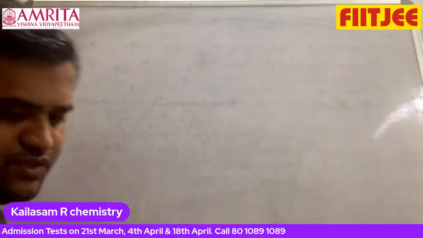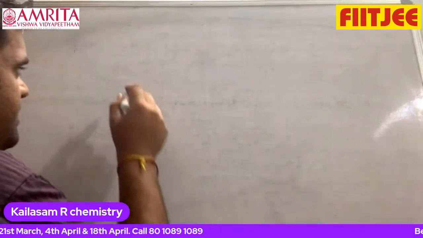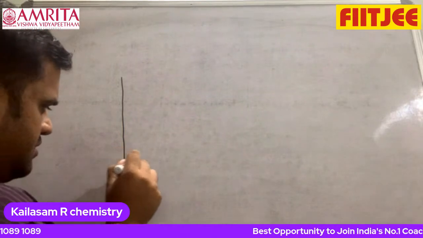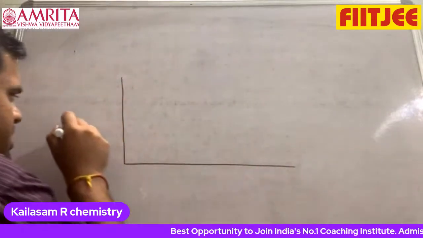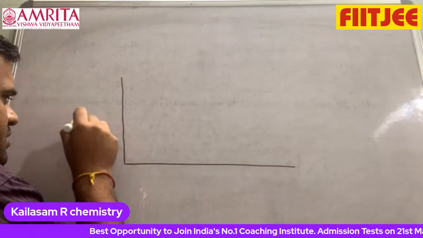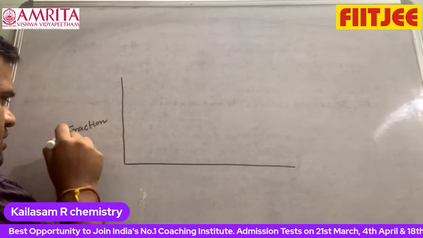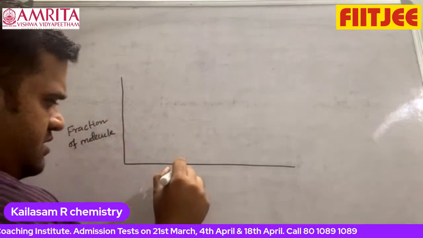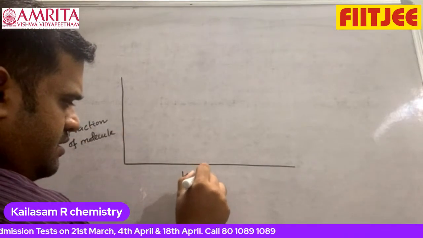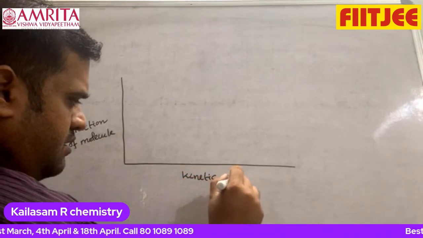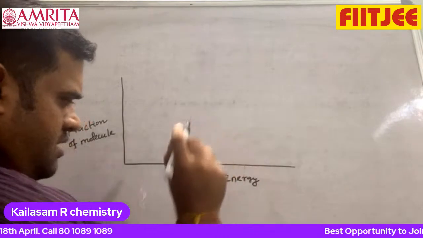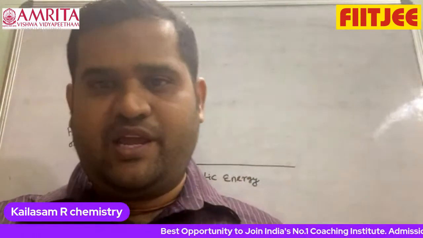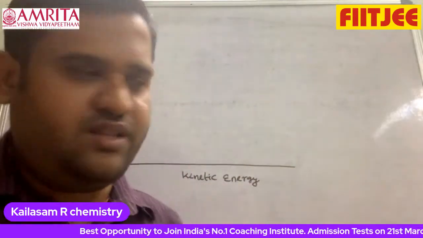I am going with fraction of molecules versus kinetic energy. That means what Arrhenius says is that anything which crosses the energy barrier may take part in the chemical reaction. Look at this.